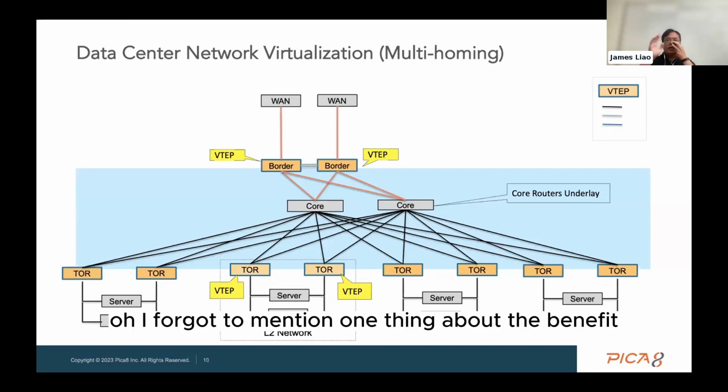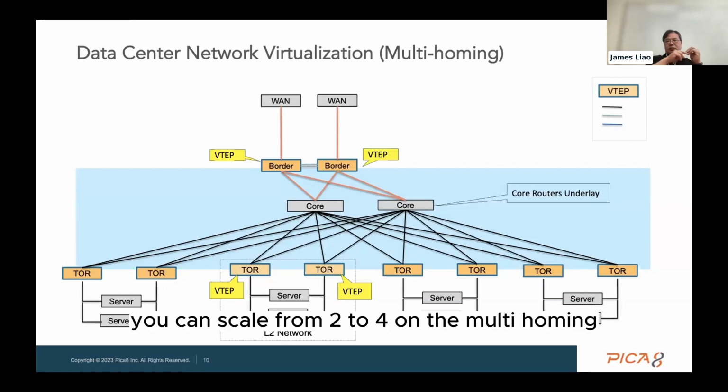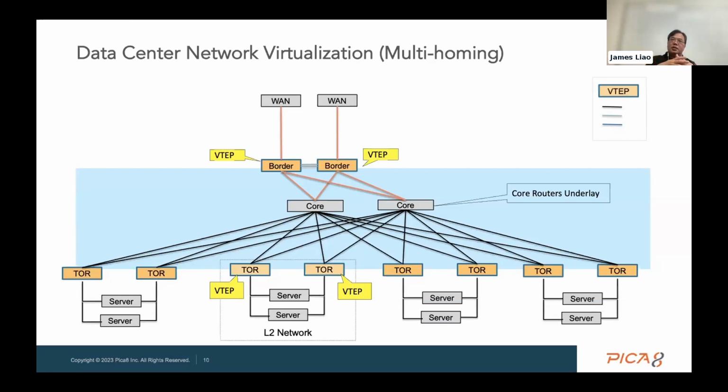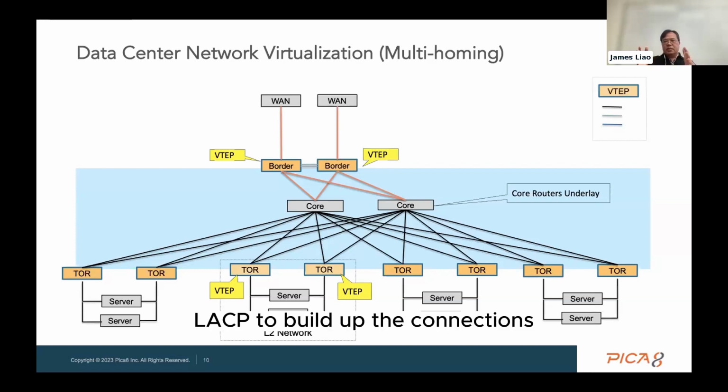Oh, I forgot to mention one thing about the benefit. Besides that you can scale from 2 to 4 on the multi-homing, multi-homing also allows you to choose whether you want to use the LAG protocol, LACP, or not, to build up the connections.